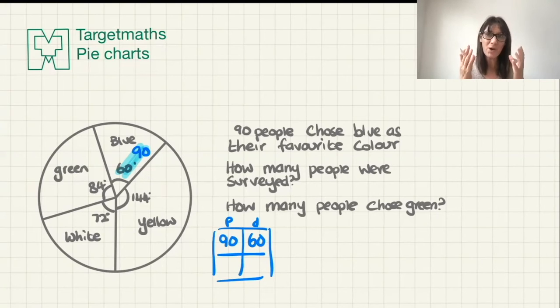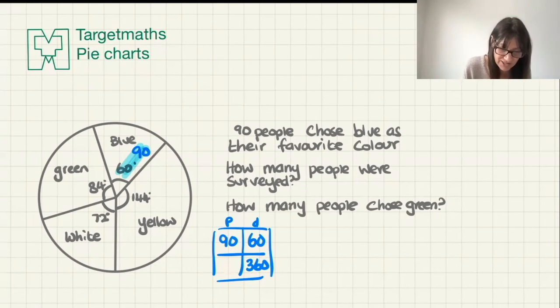Here we can make it work because we know that in a circle, there are a total of 360 degrees. So I actually do have a third piece of information that can go into this grid in the degrees column. And that is the total 360. If my total 360 degrees is here, then the total number of people would be here.